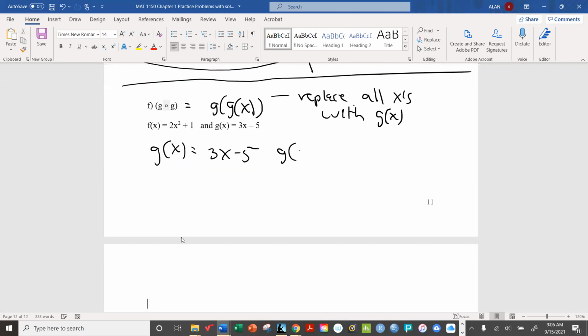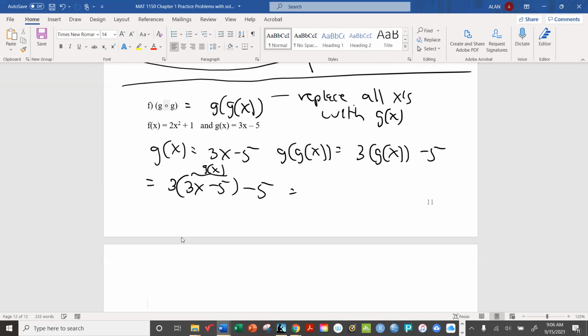It must be the case that g of g of x is 3 times g of x minus 5, or 3 times 3x minus 5, minus 5. Because remember, this is g of x. And then when you multiply it out, you get 9x minus 15 minus 5, 9x minus 20.